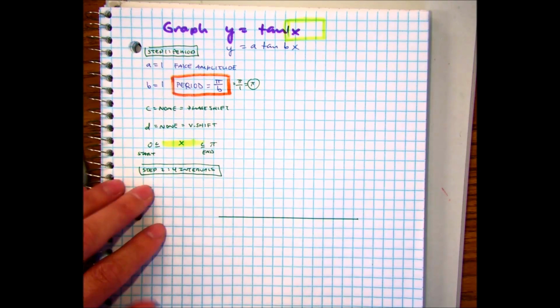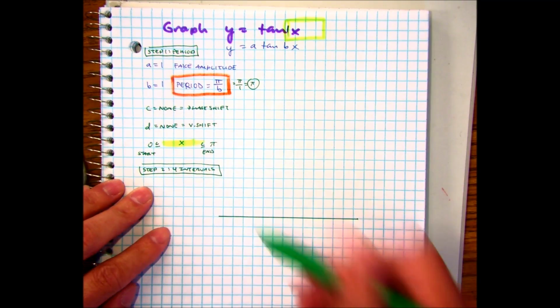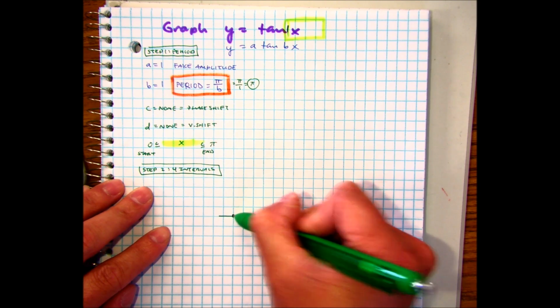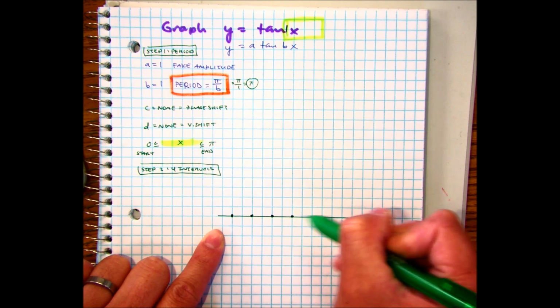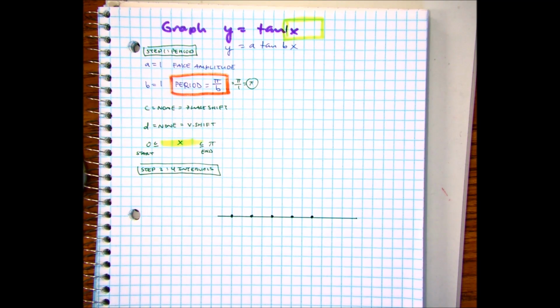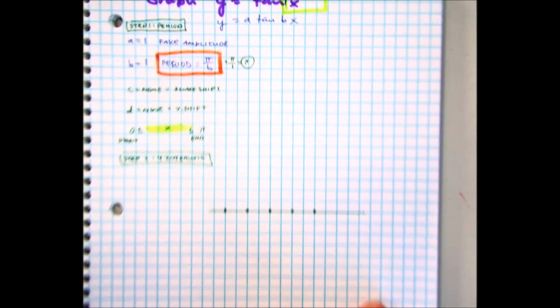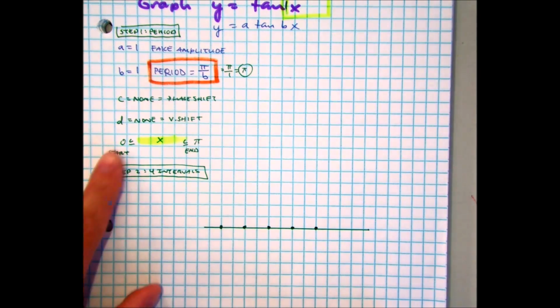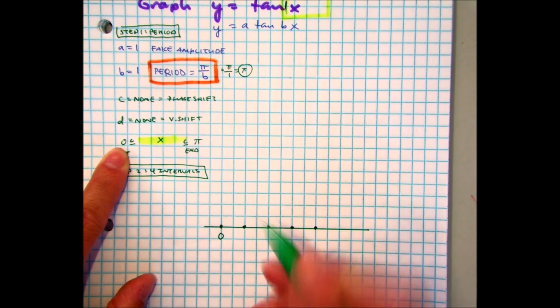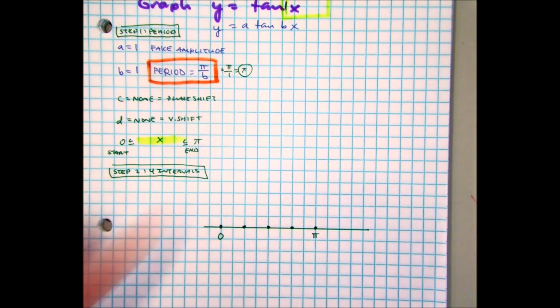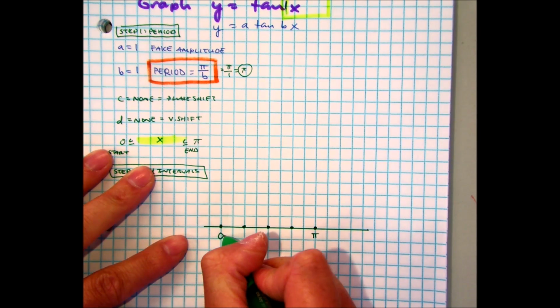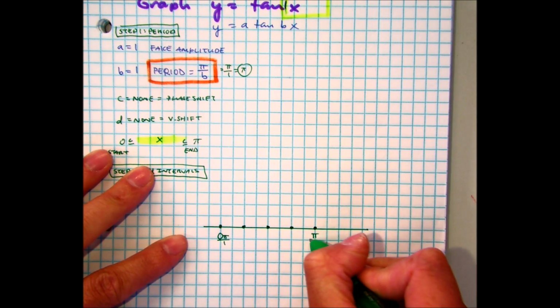So, to get my 4 intervals, I need 5 points. And again, put these 5 points in the middle because I'm going to need more space to the left and to the right later. So I have 0, I have pi, and again, if you've been struggling with the fractions, you can do this technique.